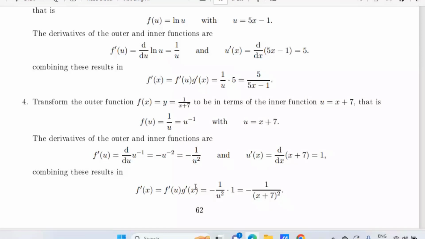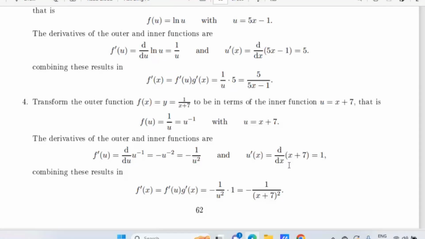The derivative of f with respect to u, we found it to be negative 1 over u squared, and then multiplied by the derivative of u. The derivative of u with respect to x, we found it to be 1.